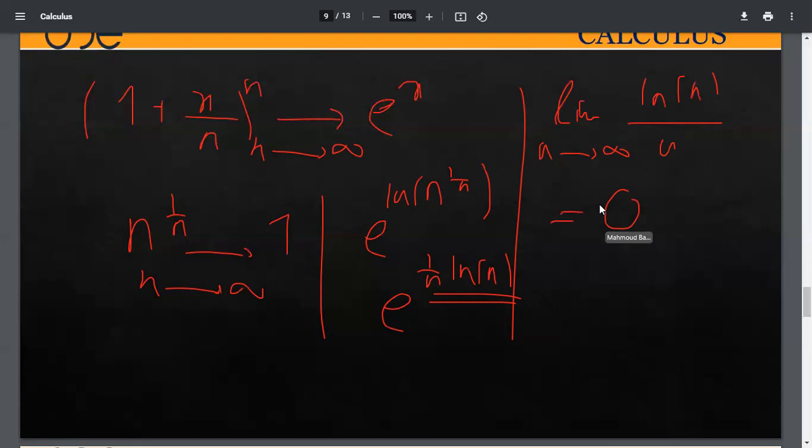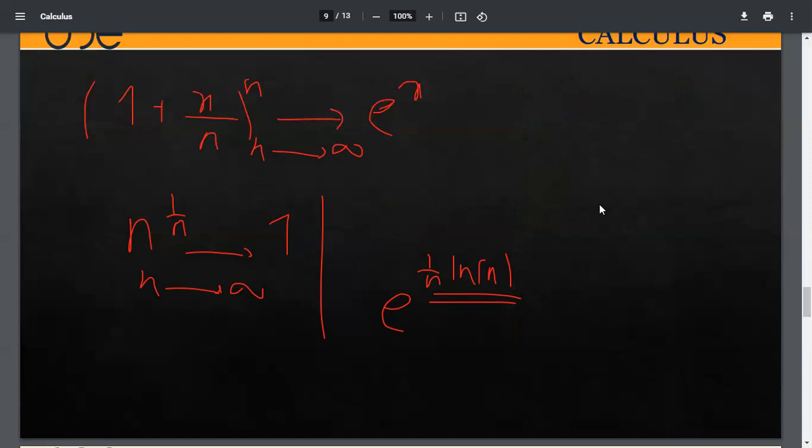Using L'Hopital, I will have 1 over n in the numerator and 1 in the denominator, so it will be the limit of 1 over n over 1, which will be equal to 0 eventually. So the limit of ln n over n is equal to 0.